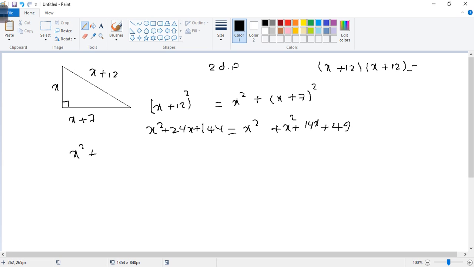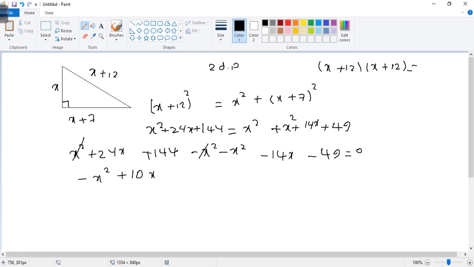It will be x squared plus 24x plus 144 minus x squared minus x squared again minus 14x minus 49 equals 0. So let us do that. The x squared cancels minus x squared, what's left? Minus x squared. 24x minus 14x will be plus 10x.